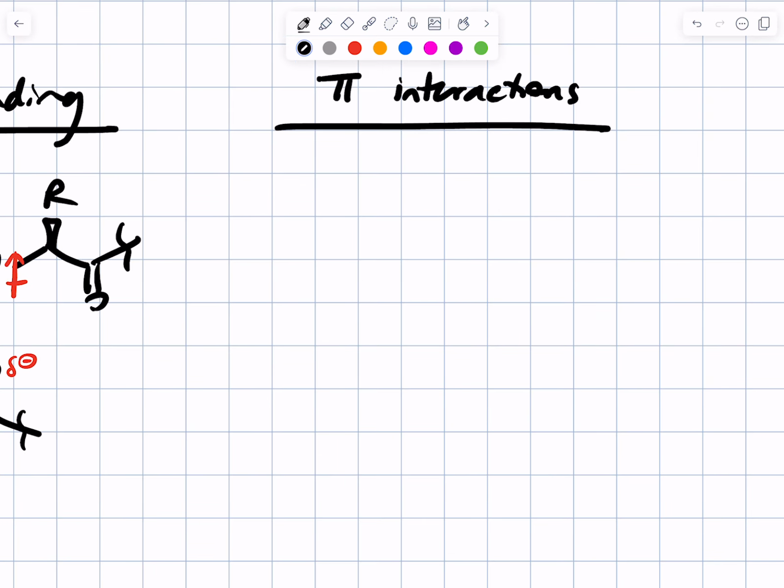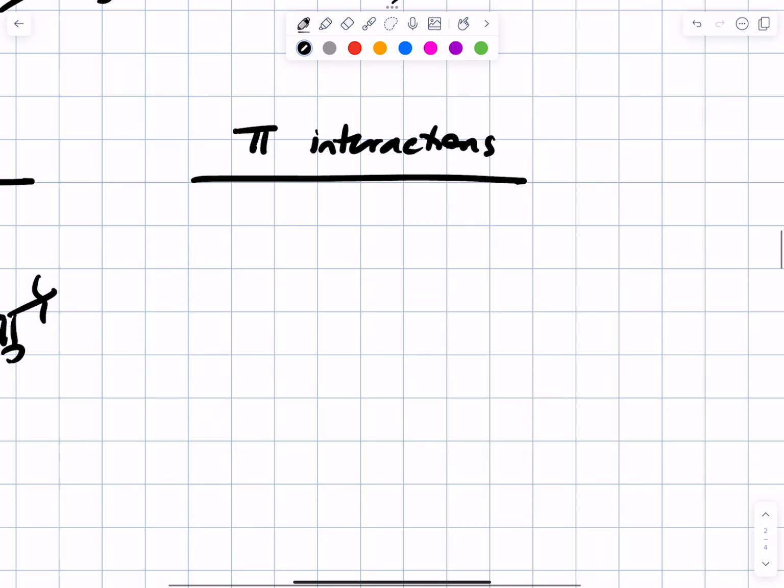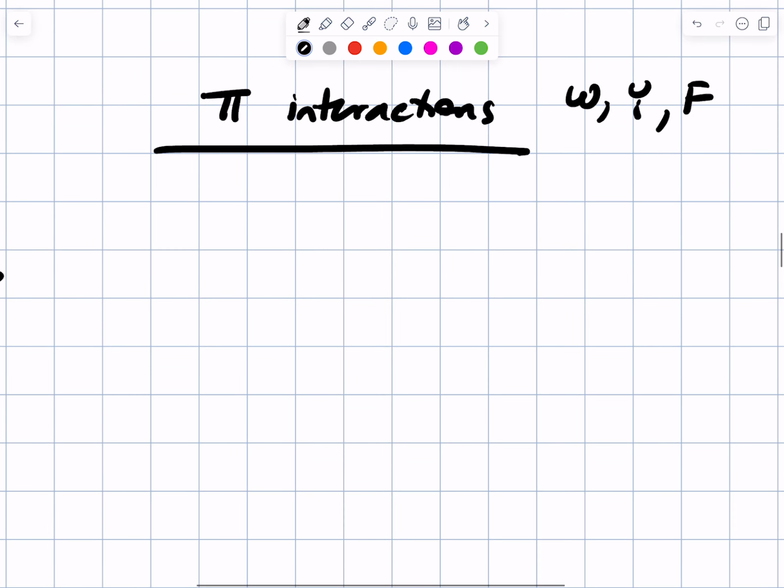All right, so imagine, I'm just going to illustrate pi interactions with benzene rings because that's going to be easier. We're not going to worry about where the phenylalanine or tryptophan or tyrosine side chains are. What I say about benzene rings also applies to the aromatic side chains of tyrosine Y, tryptophan W, and phenylalanine F. Okay?